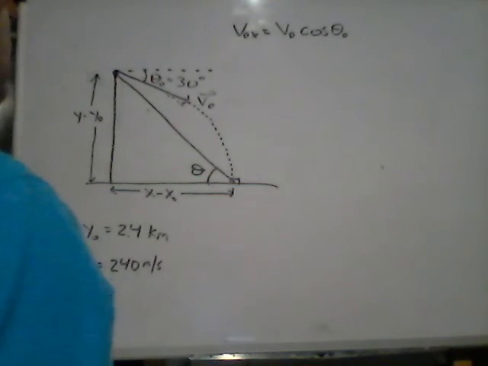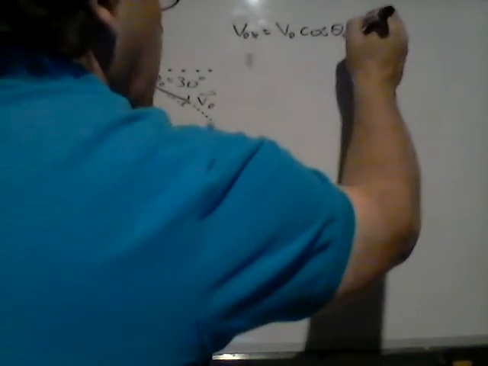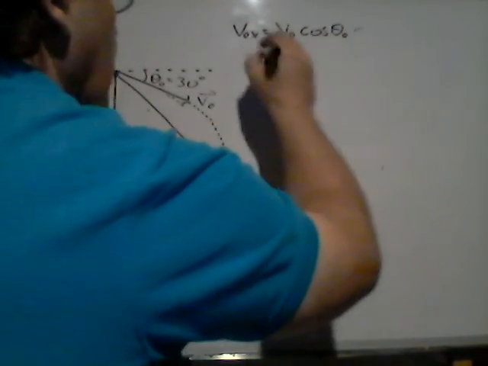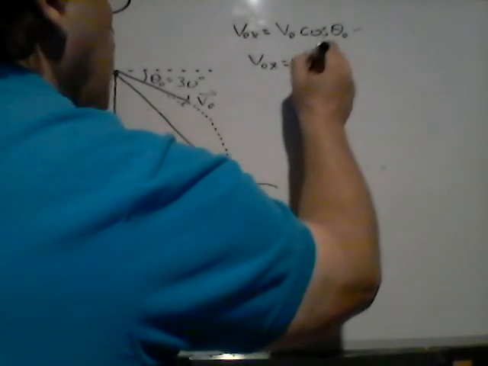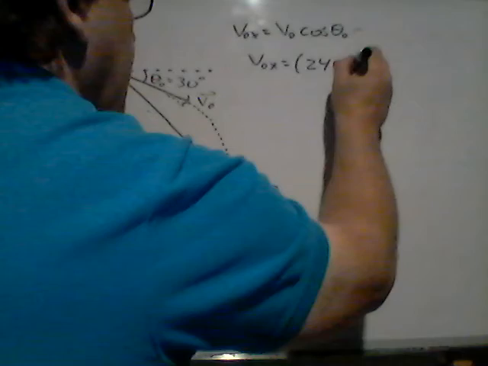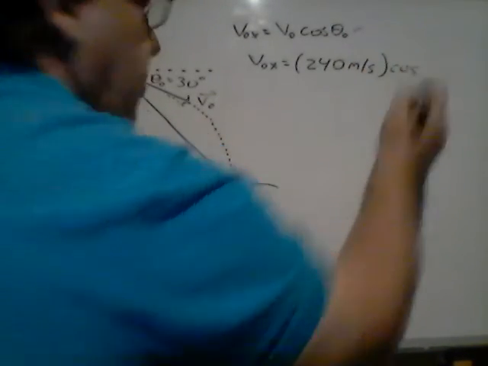And so in that case, we actually can do this. We know that v naught sub x will be 240 meters per second times the cosine of 30.